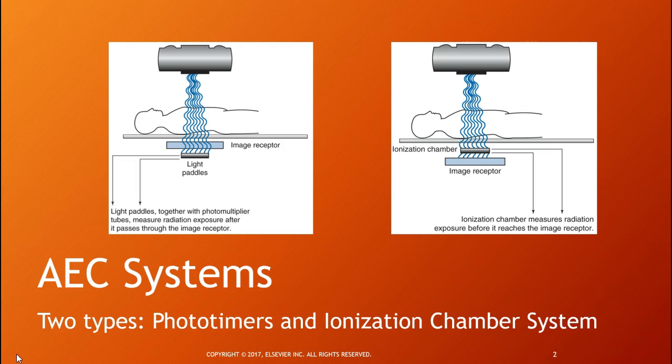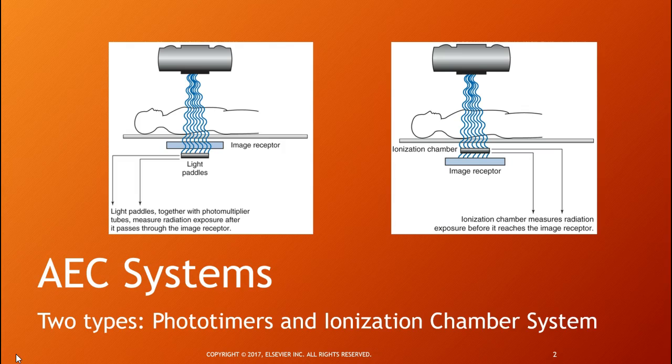There are two types of AEC systems. Those two types are photo timers and ionization chamber systems. The photo timer is shown on the picture on the left on this slide. It shows that radiation wave is going through the patient. It is also going through the image receptor before it hits a light diode. Okay, and they are called light paddles.